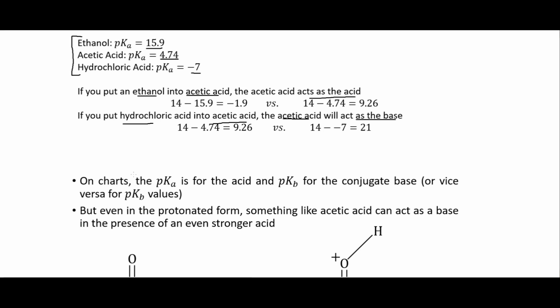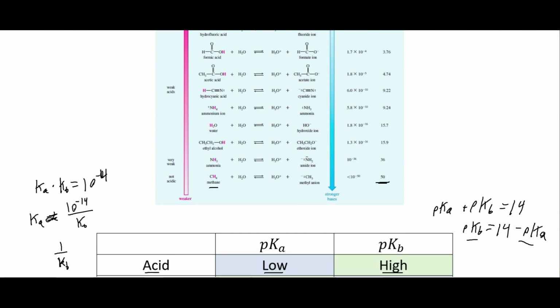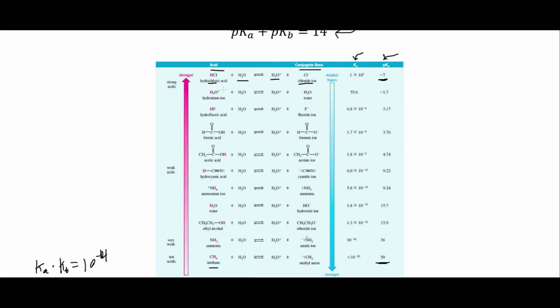All right, so on charts, the pKa is for the acid and the pKb is for the conjugate base. What I mean by that is, up here we have the pKa for hydrochloric acid, and that is for the HCl, the actual H bound to a Cl. Now, if we get the pKb, which is going to be 14 minus -7, that will be 21.